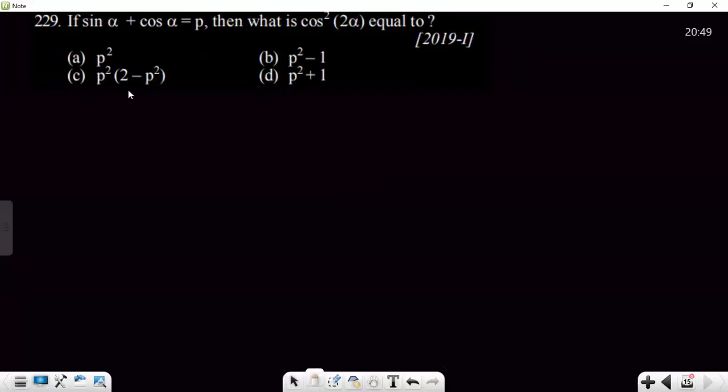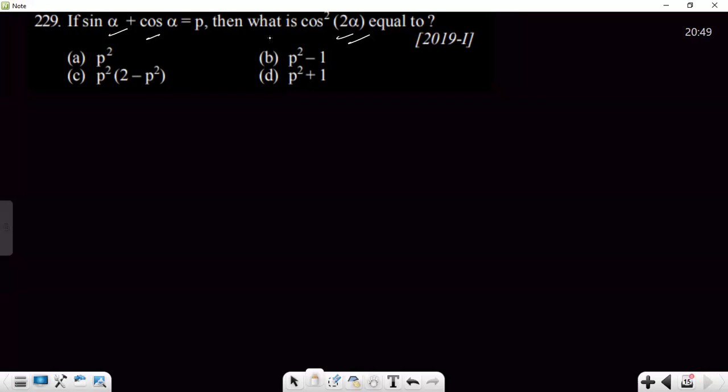If sine alpha plus cos alpha is equal to P, then what is the value of cos square of 2 alpha? We are discussing 2 alpha, and also in the options there is P. Alpha is just a variable and it is not even defined in the question statement.